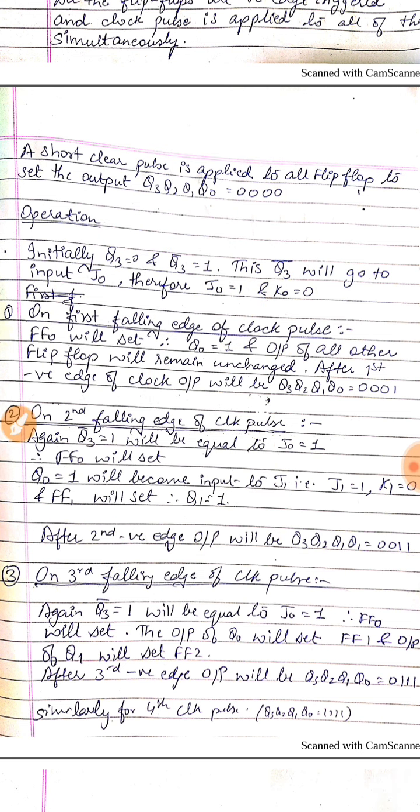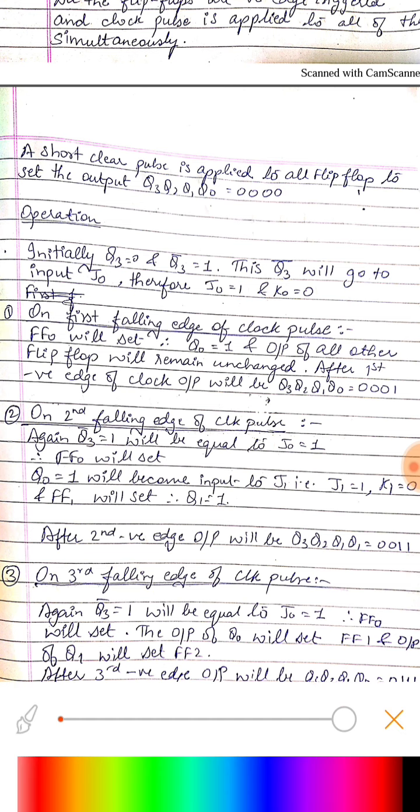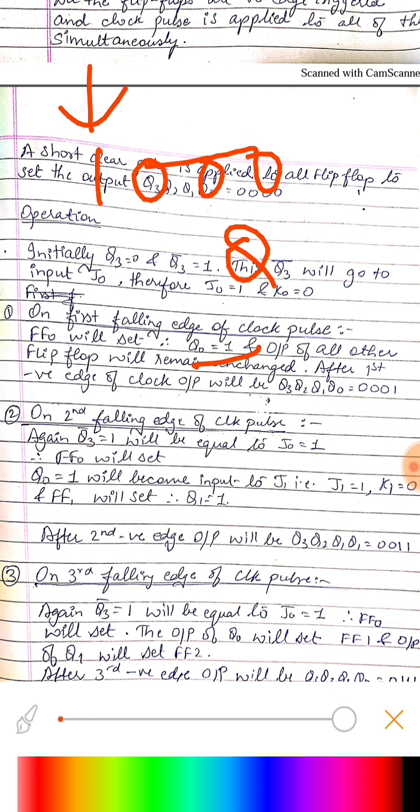So the first flip-flop will set and Q0 will become 1, and the output of all other flip-flops will remain unchanged. So it will become 1 0 0 0. Because it is the LSB, I will write it over there.